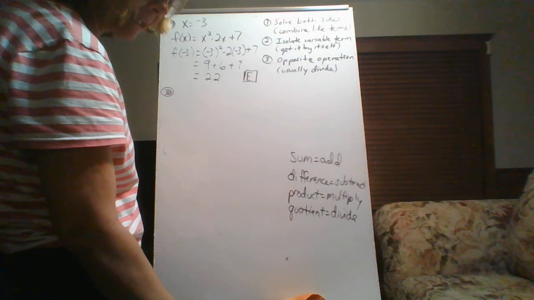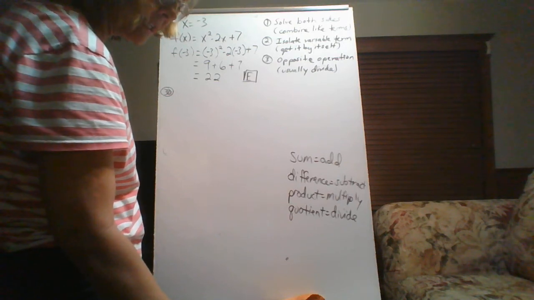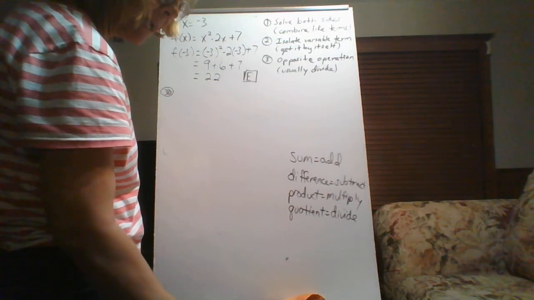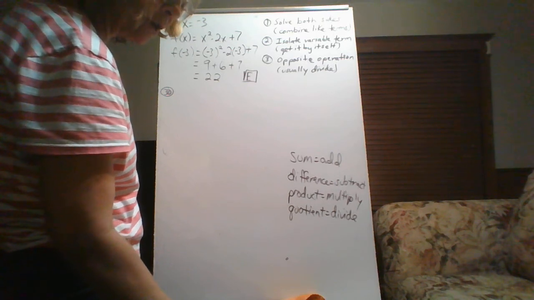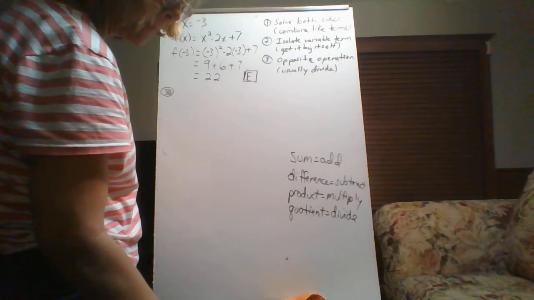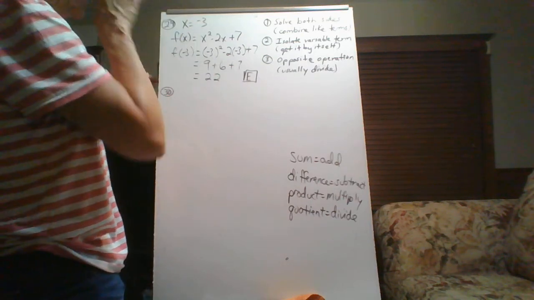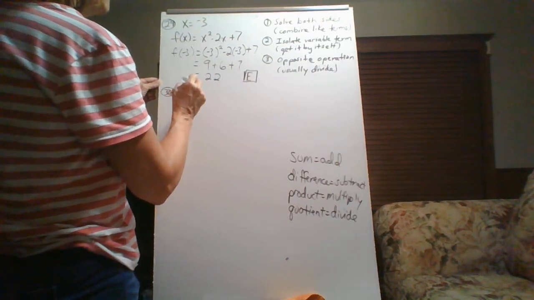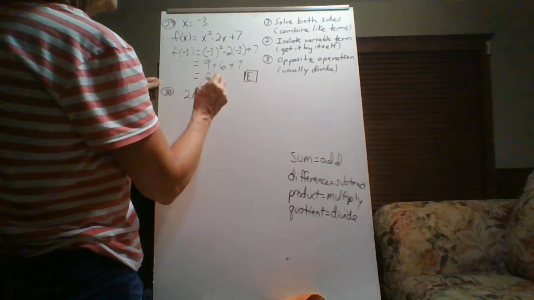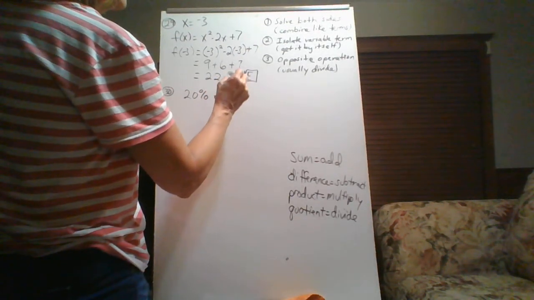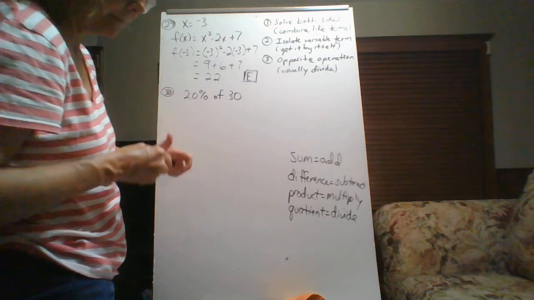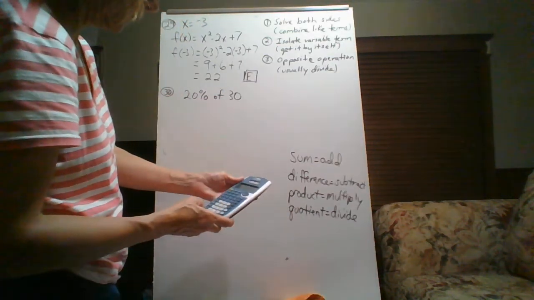After getting a ride from a taxi, Austin decides to leave a 20% tip on a $30 fare. In dollars, how much is the total cost of the taxi ride? Okay, he leaves 20% on $30. So here's what I need to do. What I need to know is 20% of $30. All right, so look on the calculator here.